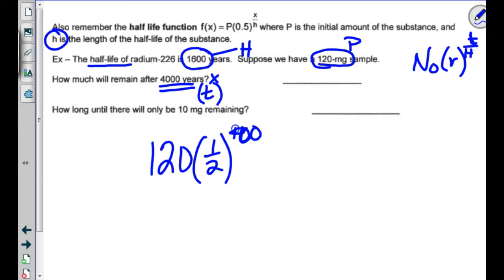Ugh, I can't write. Let's try that again. Over h, which is the length of a half-life, or 1600 years. See, guys, the idea is that it only takes half every time you hit a multiple of 1600. So we're not doing this very many times.